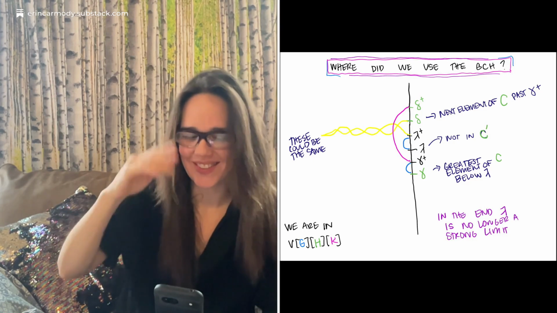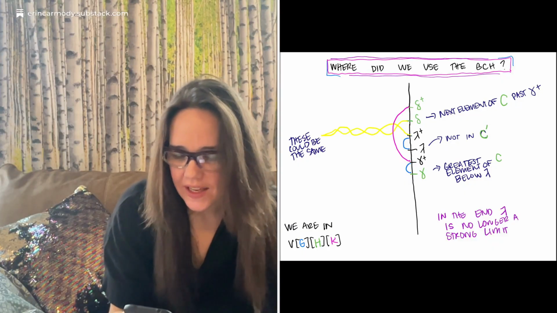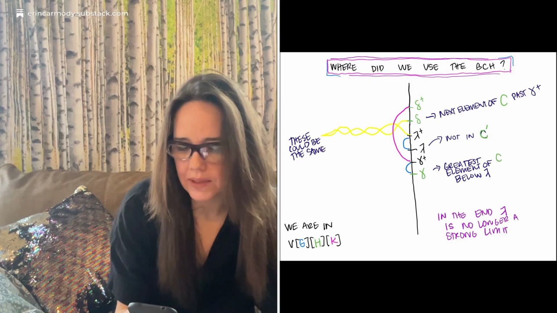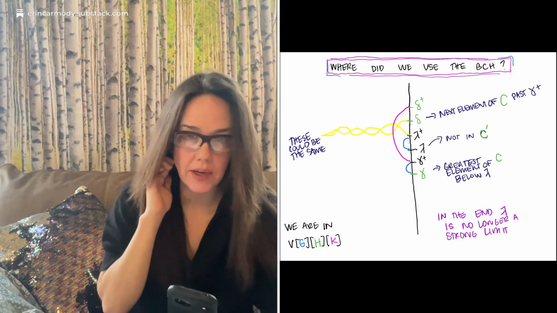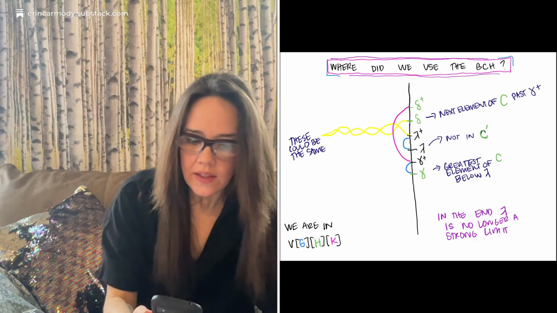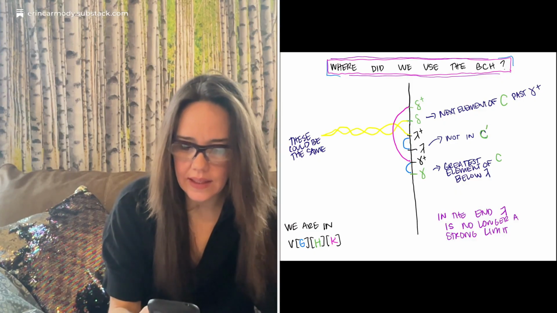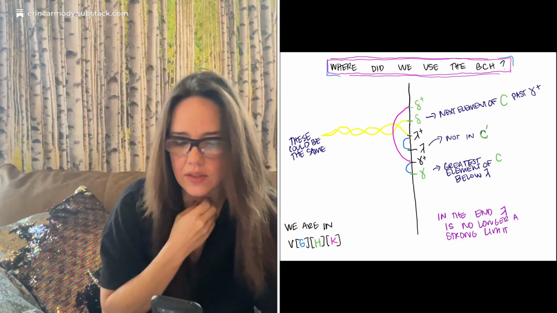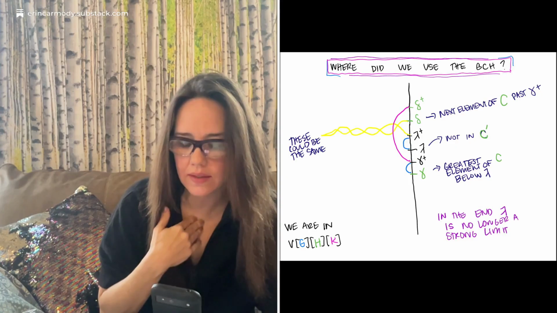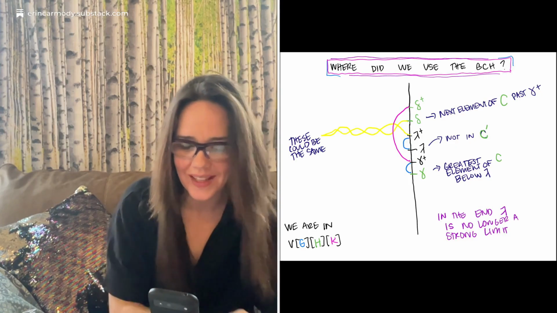I guess my brain's sort of lost today. This gamma is the greatest element of C below lambda. It's not a limit point of C, so there's some greatest element of C below. So this gamma has a gamma plus, which, since lambda is a limit point, is below lambda still.